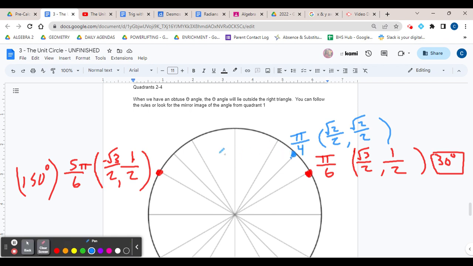Okay, if we come directly across here, this point over there was 3 pi over 4. And again, what we see should happen here is that the y value stays the same. It's still up √2/2.